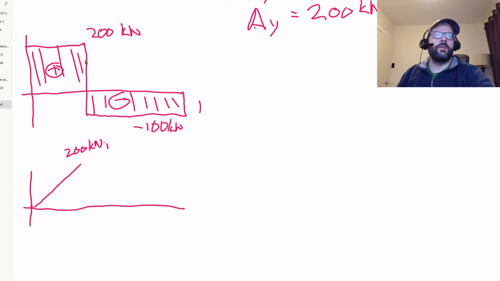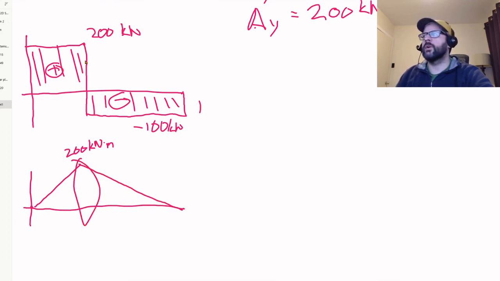And then over this span here, it would drop down at a rate of negative 100 kilonewtons. So negative 100 kilonewtons times a 2 meter span drops us down 200, which brings us back down to 0. So the point where we have our maximum bending moment is there. It's 200 kilonewton meters.